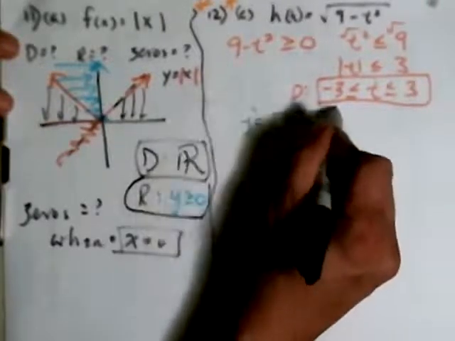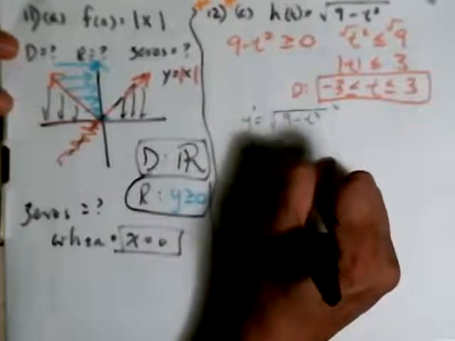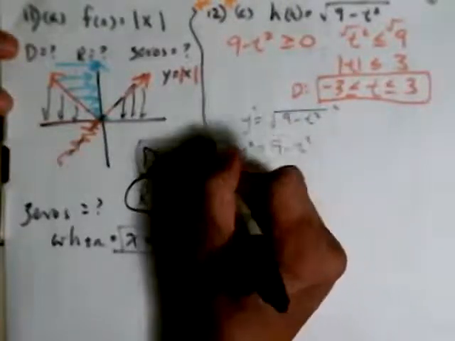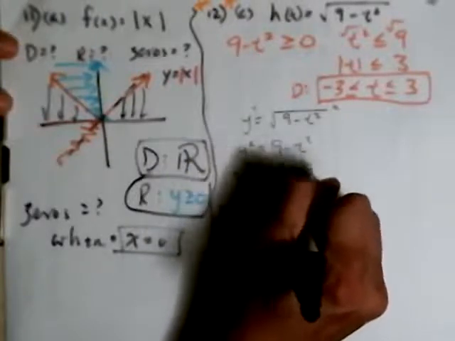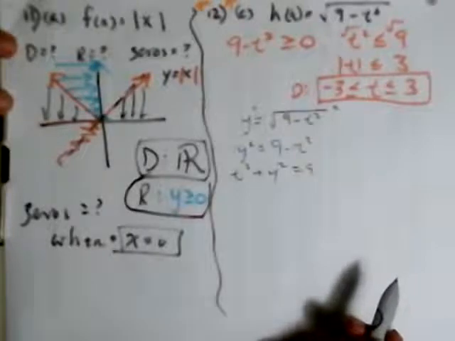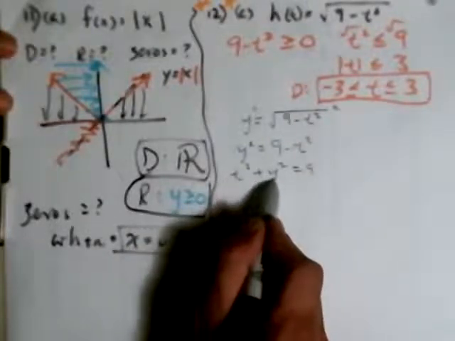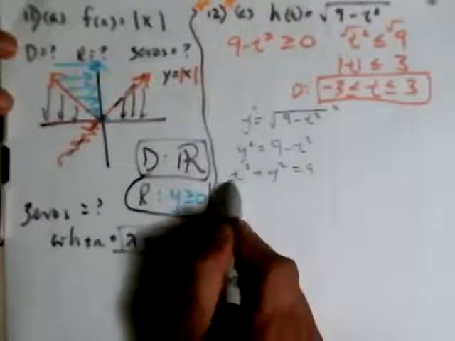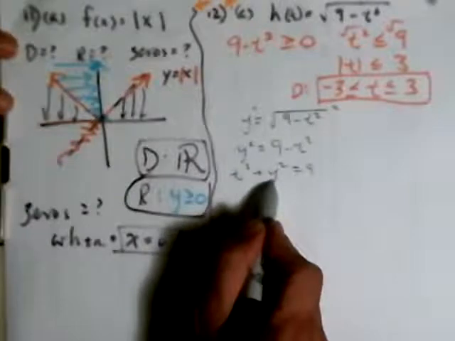Square both sides. You get y squared is equal to 9 minus t squared. Move it over. T squared plus y squared is equal to 9. Wow, you've seen this equation before, haven't you? It's an equation of a circle, except your t is your x direction and your y is your y direction. Of course, t is your x, left and right, and y is going to be up and down.